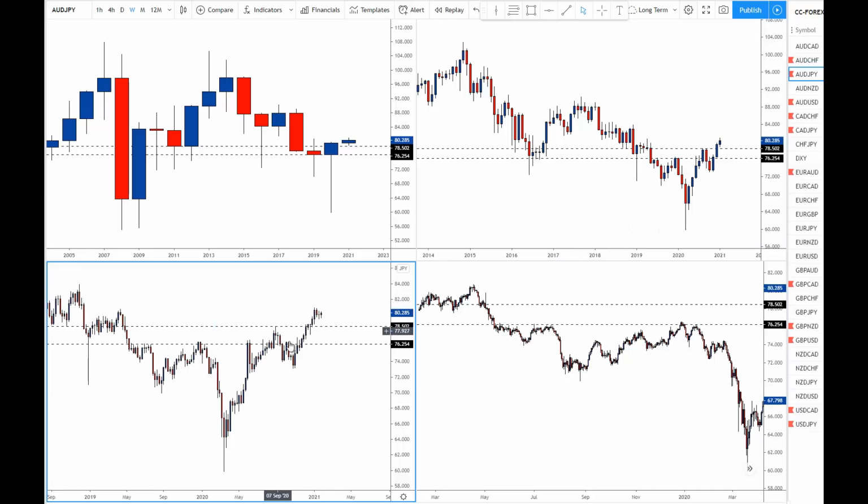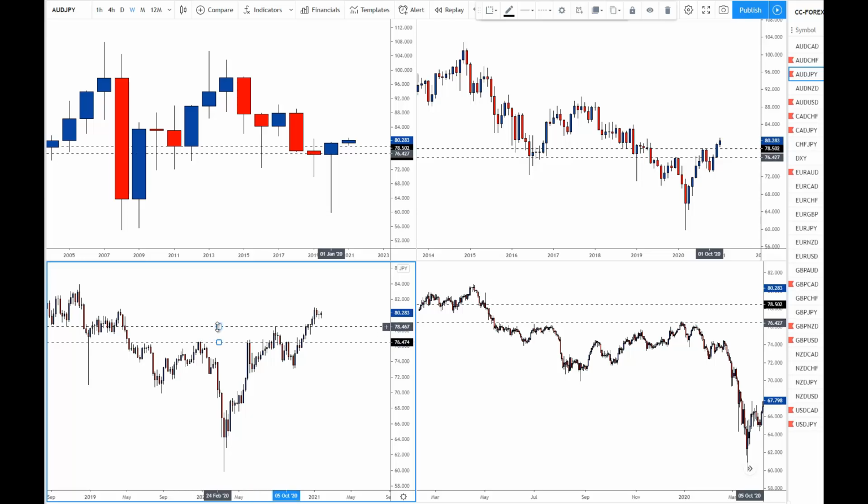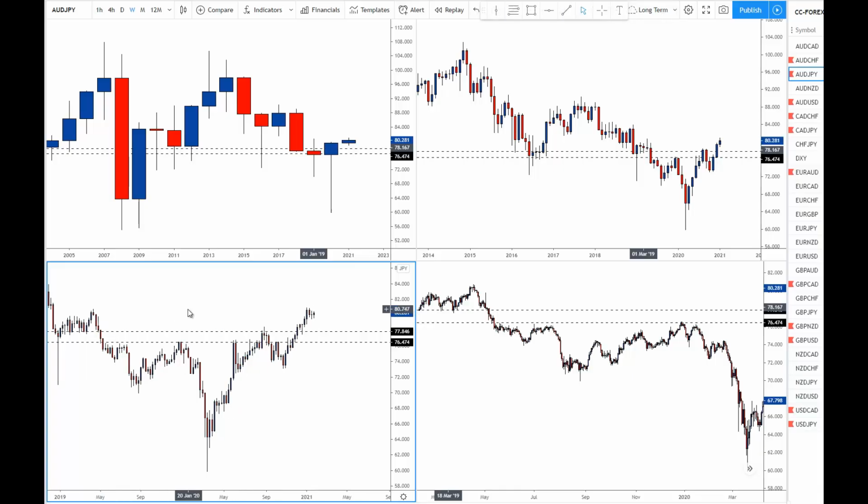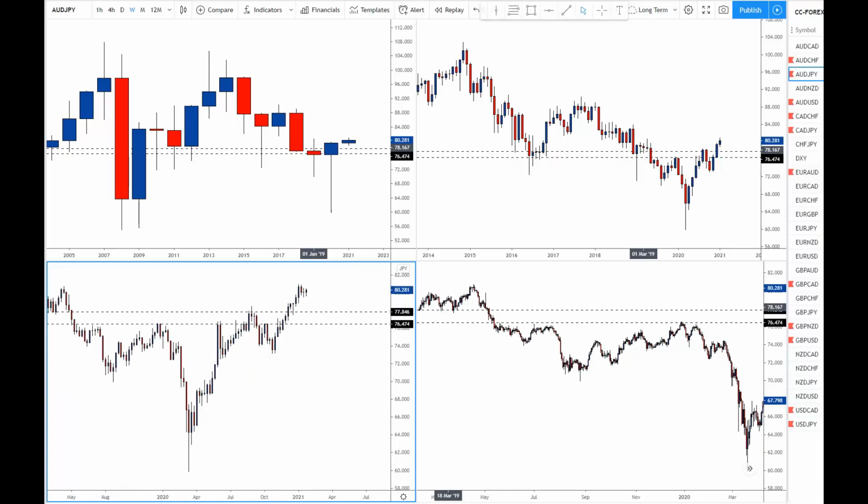So what would you do if I just slightly adjust these levels? Now all of a sudden we have a weekly pullback into this neckline in here, or a deeper retracement into this level.